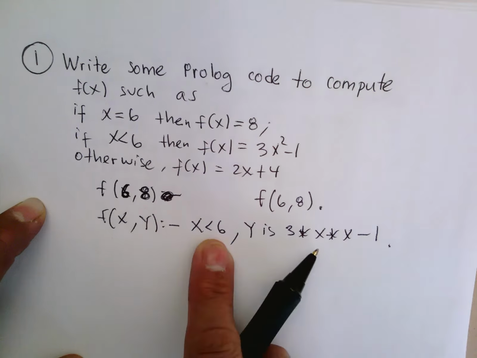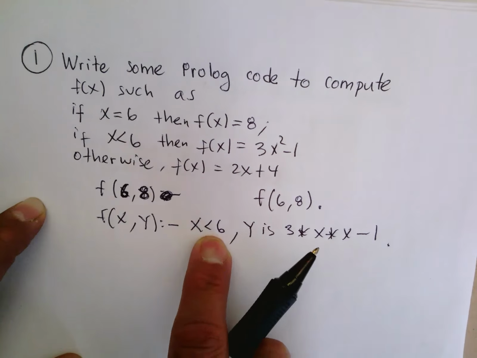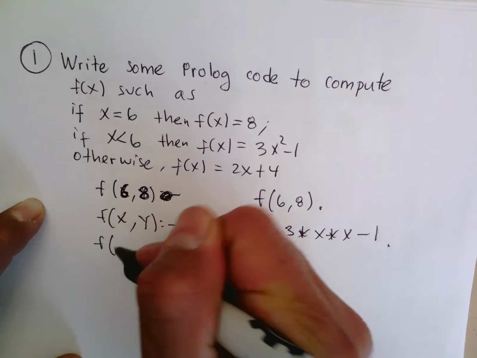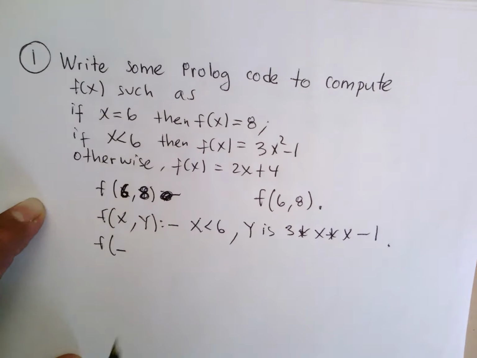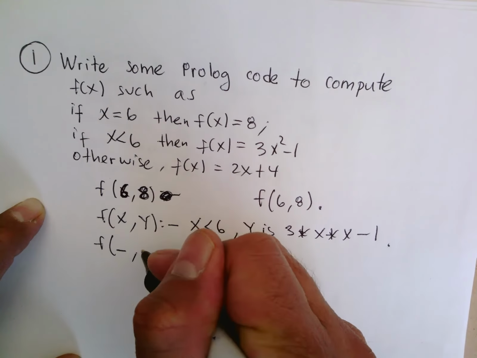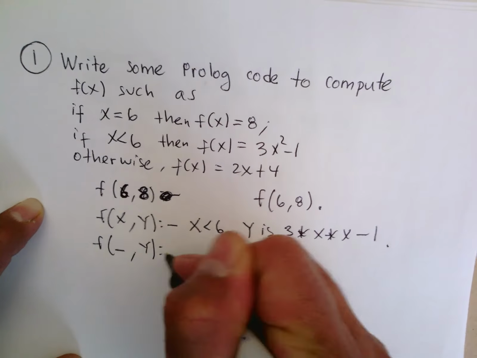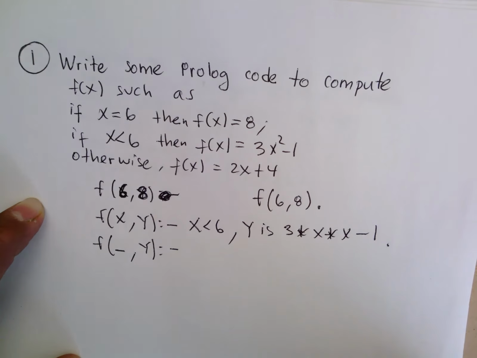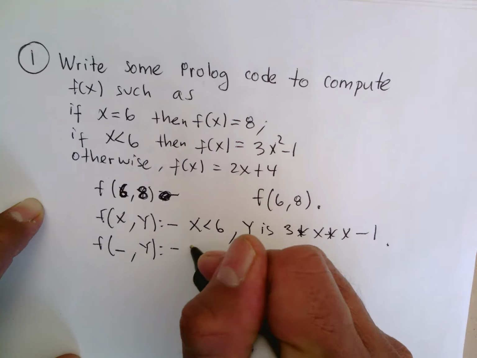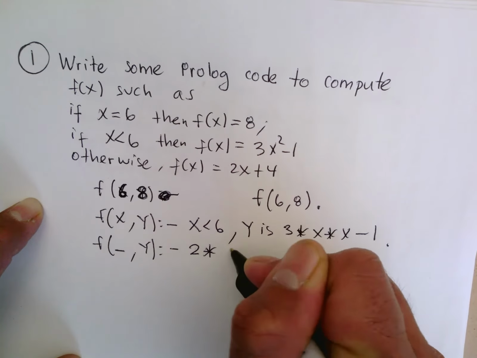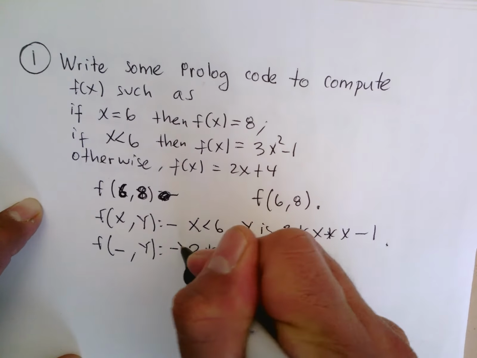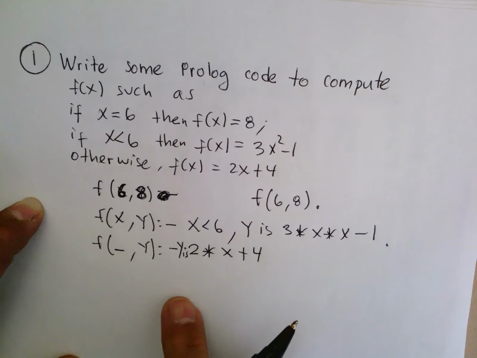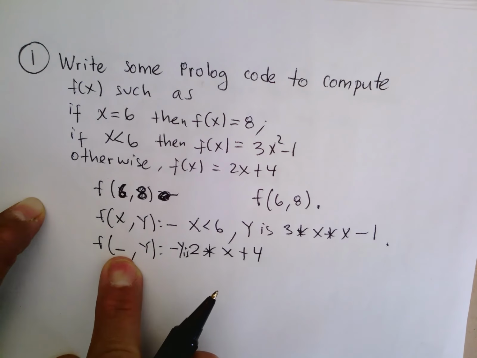Now in my other case I could say x greater than 6, or I can say, well, the case that is anything else. So the anything else will be underscore comma y, and in this case what we will say is that y is 2 times x plus 4. Now in the way that I have it, I say that I don't care about the value.